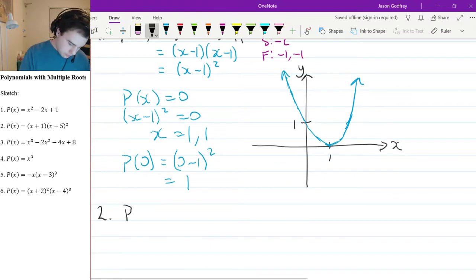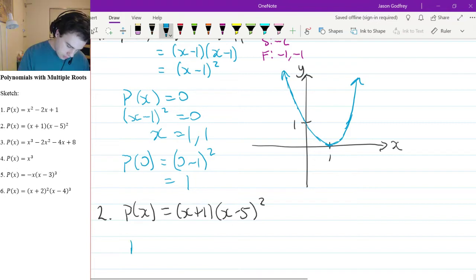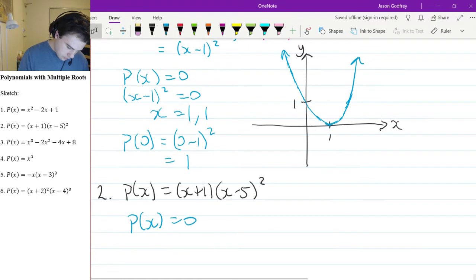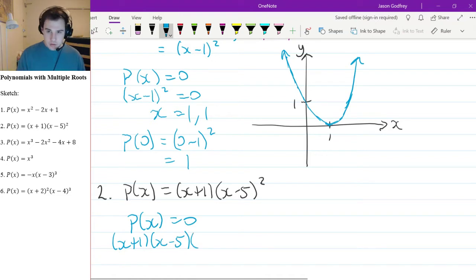So this one's already factorized for us. So when does p of x equal 0? It might be good to write it out like this: x minus 5 times x minus 5 twice.